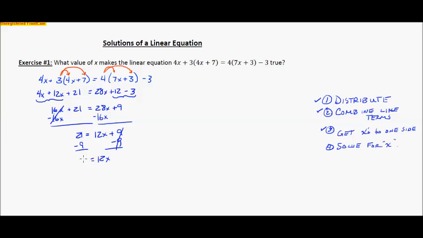And 21 minus 9 is going to be 12. And it looks like that's going to work out really nice, because now I'm going to divide by 12 on both sides. And x equals 1. So there you have it. There's my solution. So x equals 1 should be what works for my equation, as long as I've done all my algebra and my combining like terms right.